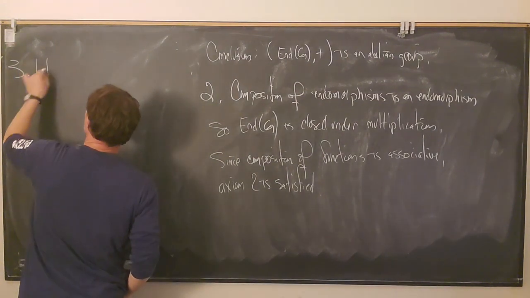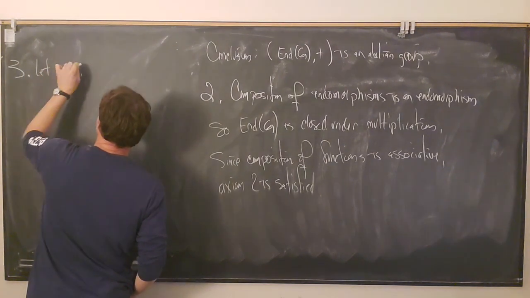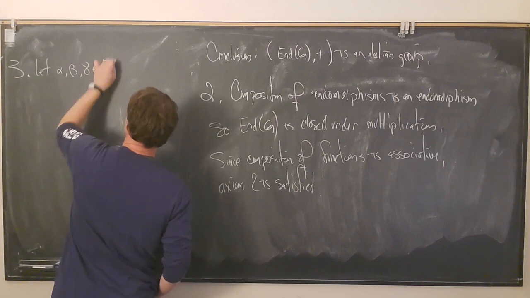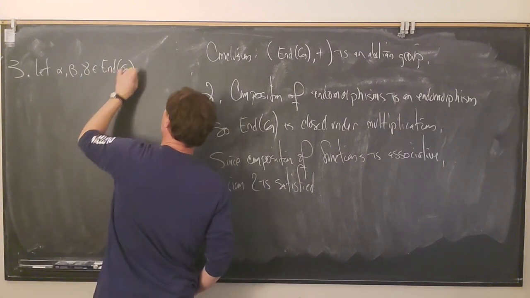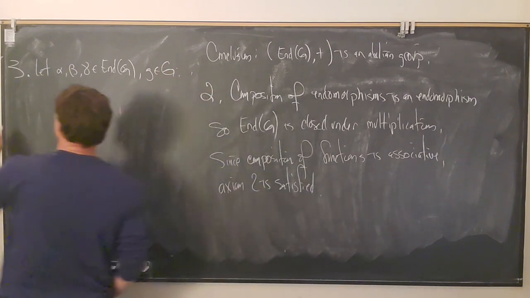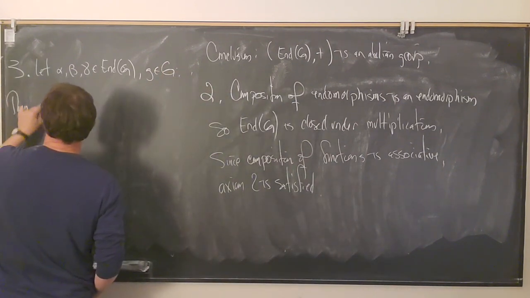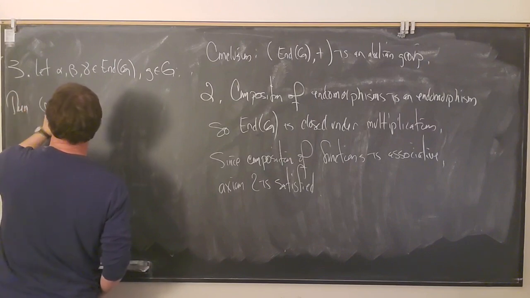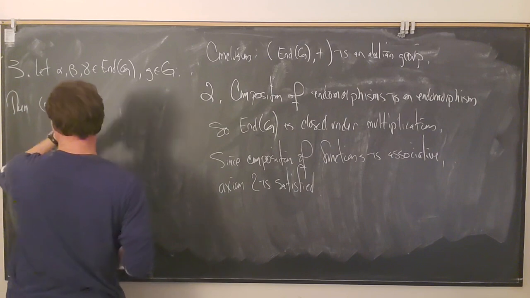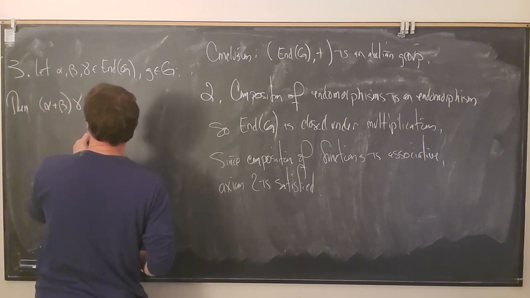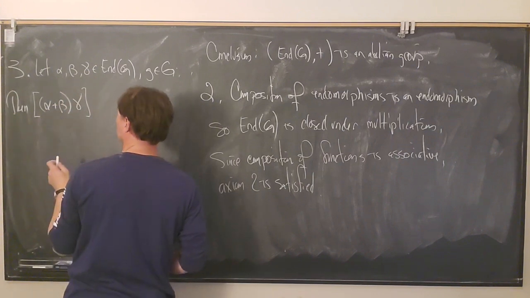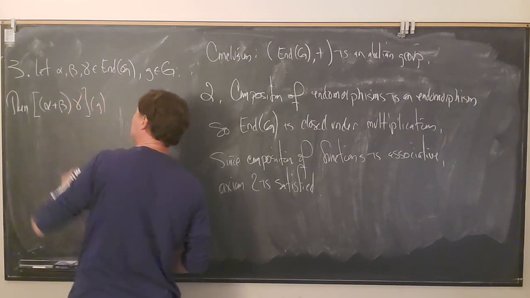So let alpha, beta, and gamma be in End G and little g in capital G. Then alpha plus beta, times, so this is going to be composition, gamma, in a little square bracket here, so this is the function applied to little g.